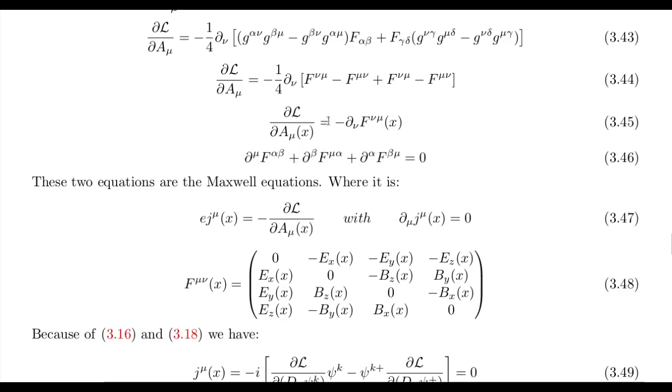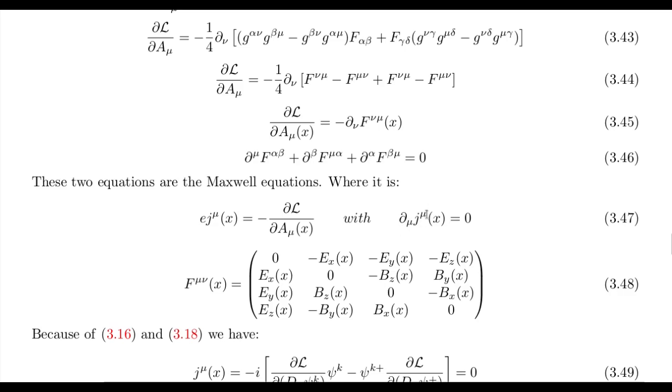These two equations represent the Maxwell equations. Where we have for this part of the Euler-Lagrange equations, we have e multiplied by the current J, and of course the derivative.